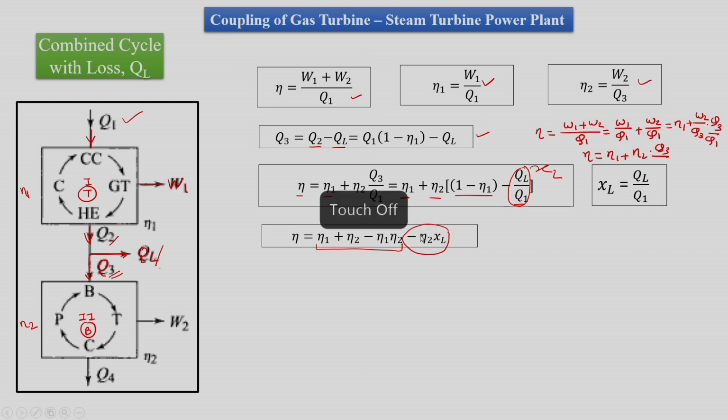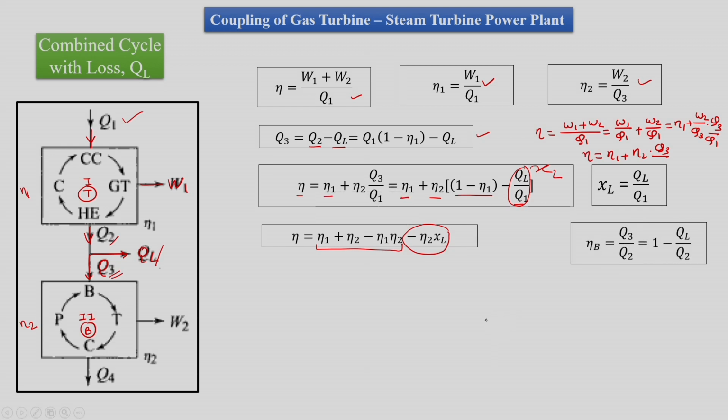Further, we can also find out using a different method where we will say that eta B is some loss coefficient which is equal to Q3 upon Q2. Q3 is the heat taken by the bottoming cycle and Q2 is the heat lost by the topping cycle. So, Q3 upon Q2 is equal to 1 minus QL upon Q2.